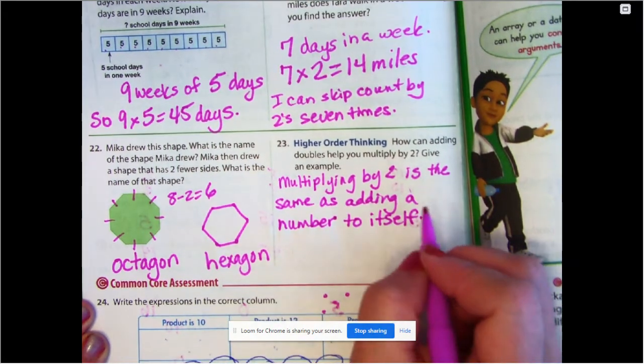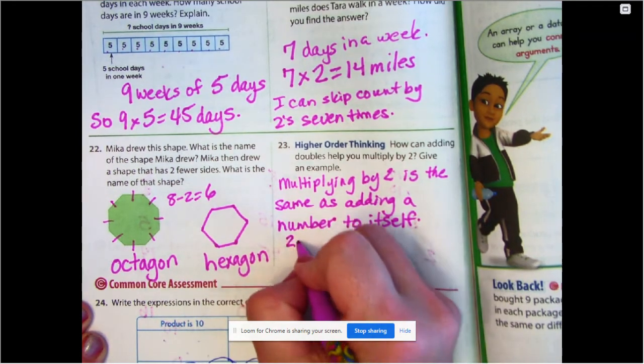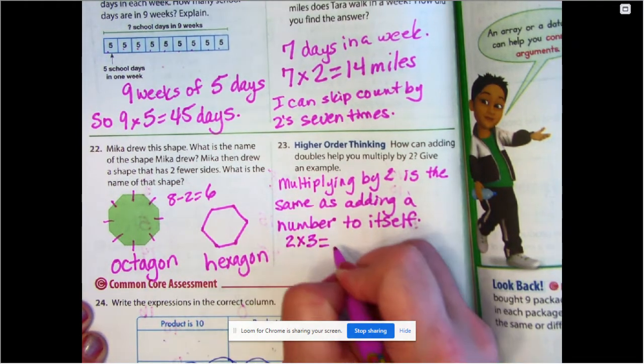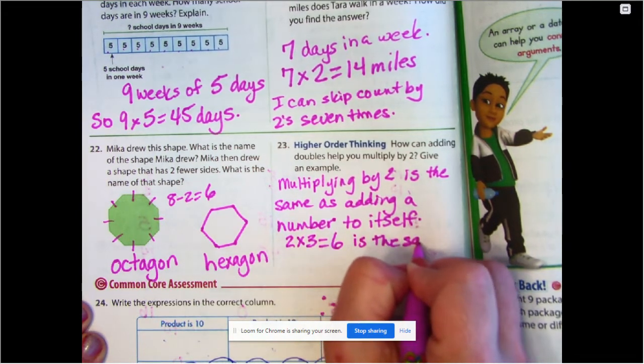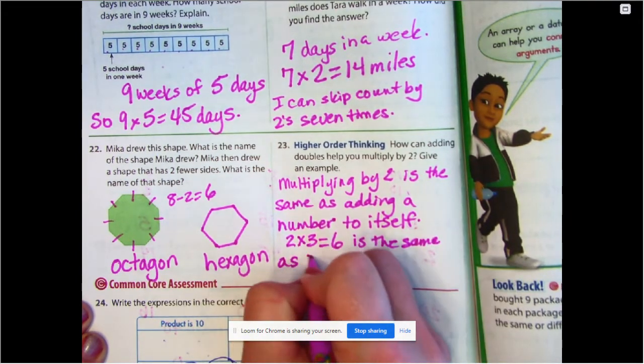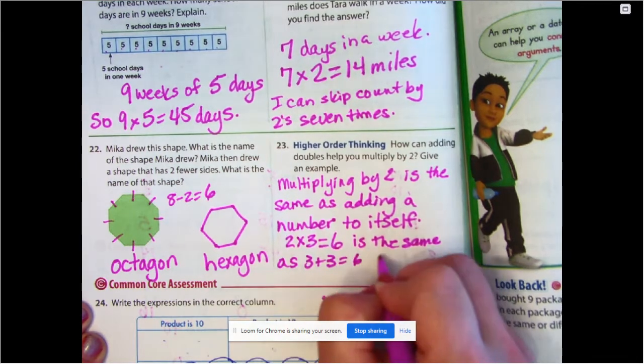So like if I do 2 times 3 equals 6, that is the same as 3 plus 3 equals 6.